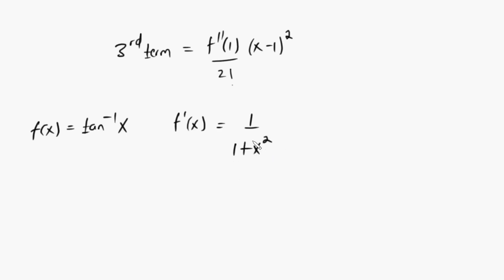You can see this derivative in the tutorial I made called derivative of inverse of trigonometric functions. Now here I'm looking for the second derivative of f(1), so I have to find the second derivative of f(x). Using the concept of derivative of a quotient of polynomials, see the tutorial, I get negative 2x over (1 plus x squared) squared.